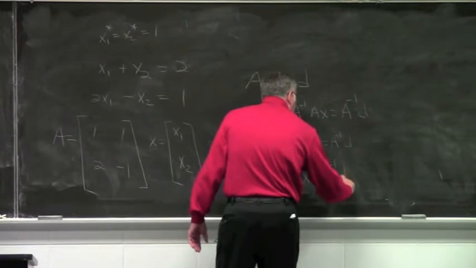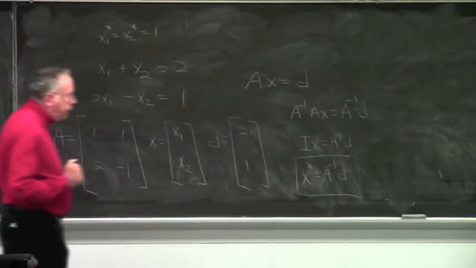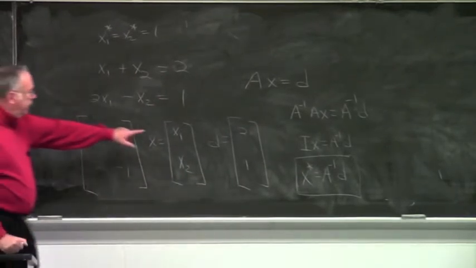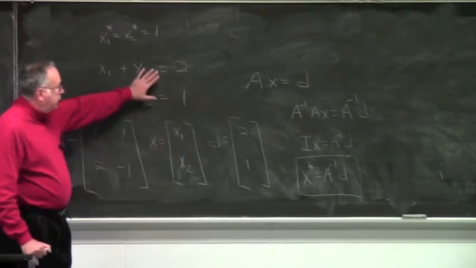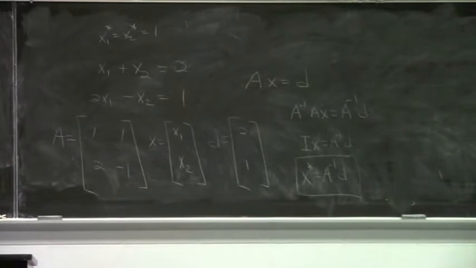X star is just A inverse D. Where X star is a 2 by 1 vector of the solution values that solve this equation.